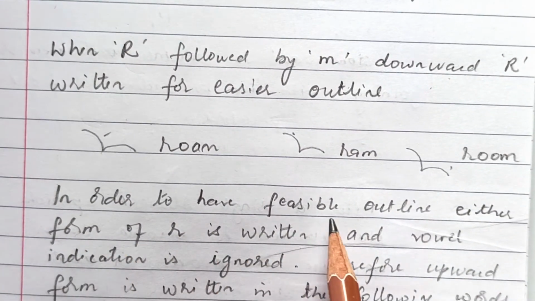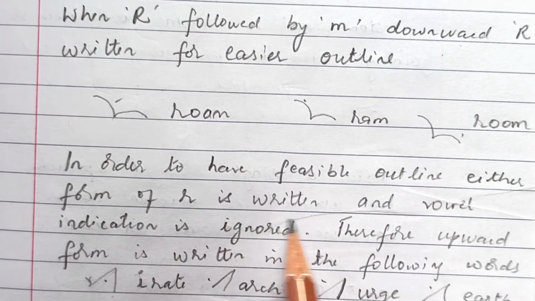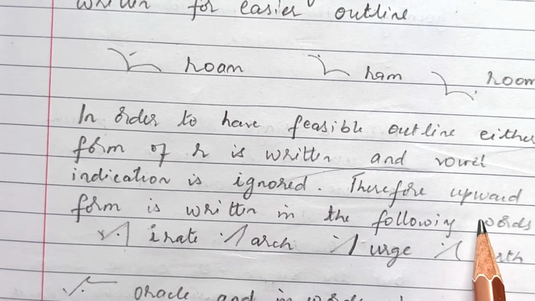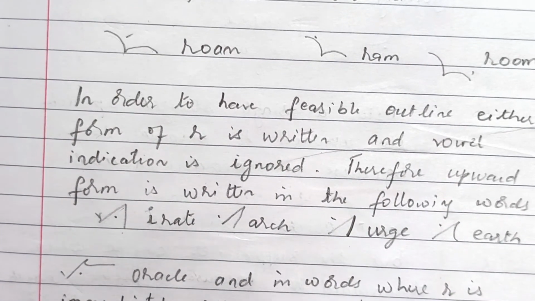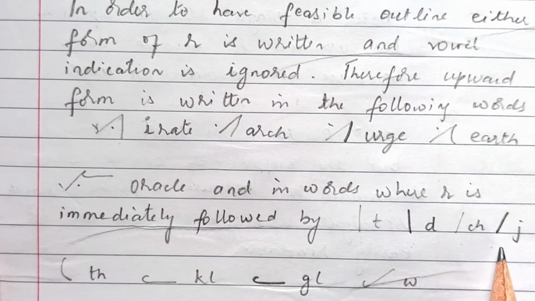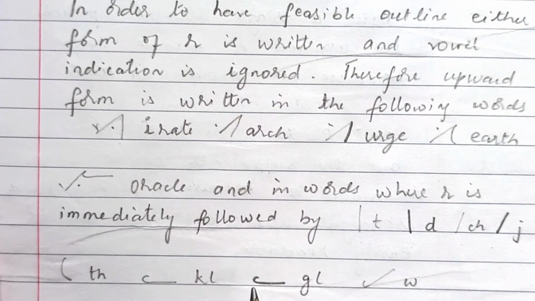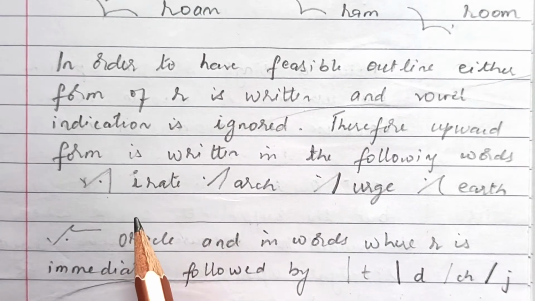And in order to have a feasible outline, either form of R is written and vowel indication is ignored. Therefore, in such cases, the upward form is written in the words. So, wherever the stroke follows R, that is the strokes T, D, J, Ith, Kay, Gay and Ve, the upward form of R is written.